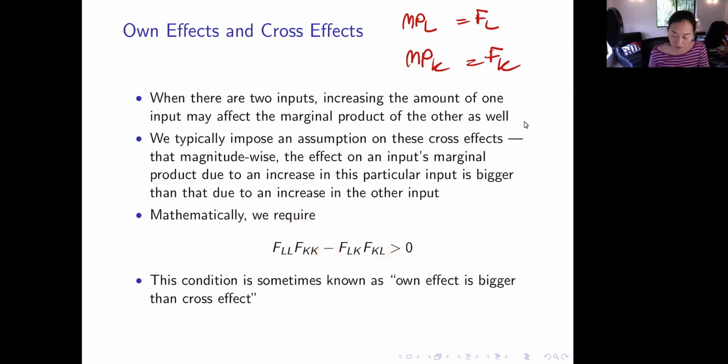This condition is sometimes known as the own effect being bigger than the cross effect. We will revisit this condition a little bit more later.